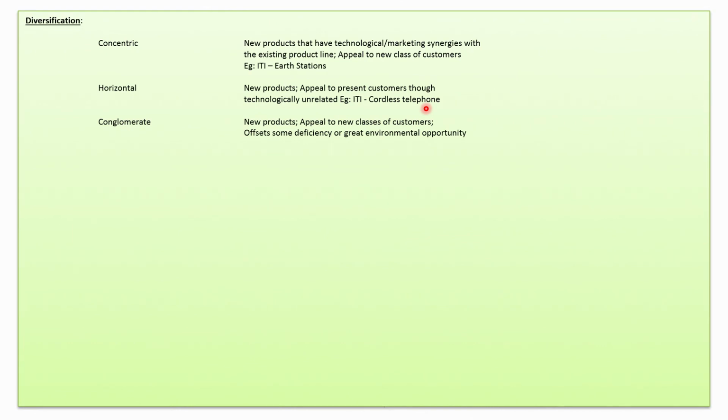When we come to what is called the conglomerate diversification, what is it that you are doing? You are looking at new products, the appeal is to a new class of customers, it is not your existing customers. What are you trying to do? It offsets some deficiency or it presents a great environmental opportunity.